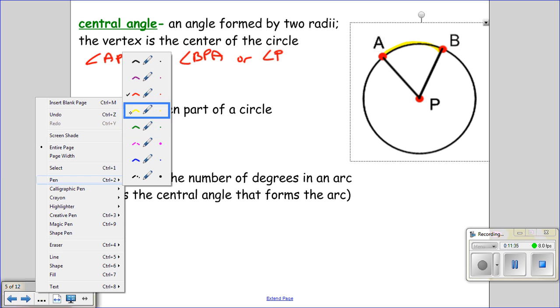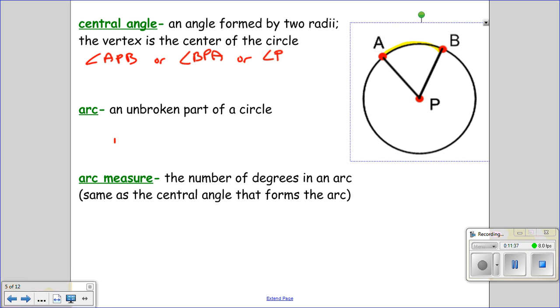To name it, we would say arc AB, and draw the arc symbol above it, or you could say BA. Sometimes it requires three letters to name an arc, and we'll get more into the depth of that in just a moment.